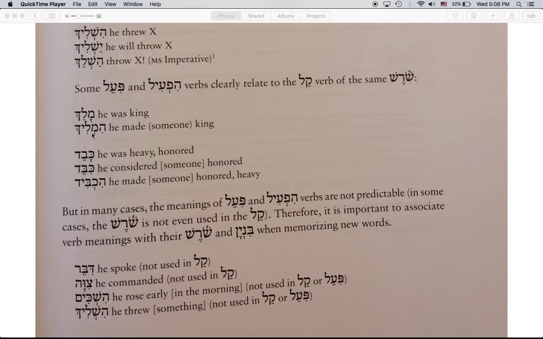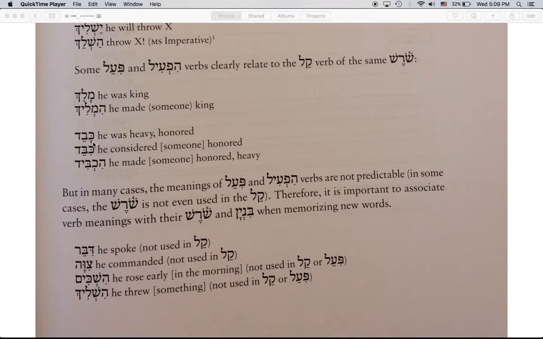And it's causative. So when we have a qal verb with one shoresh and we put it into the hiphil, it adds a causative sense to it, oftentimes, but not always. Here's an example of piel. Kaved means he was heavy or he was honored, and that's in the qal.